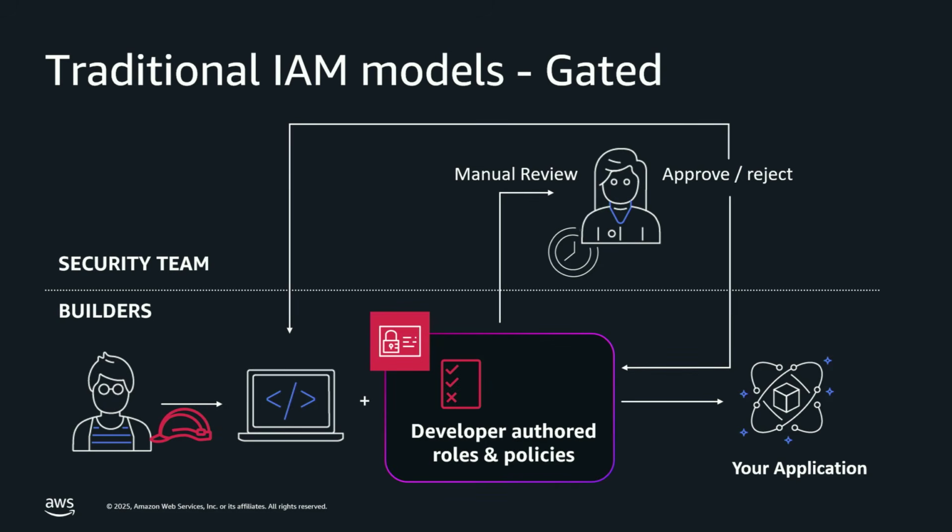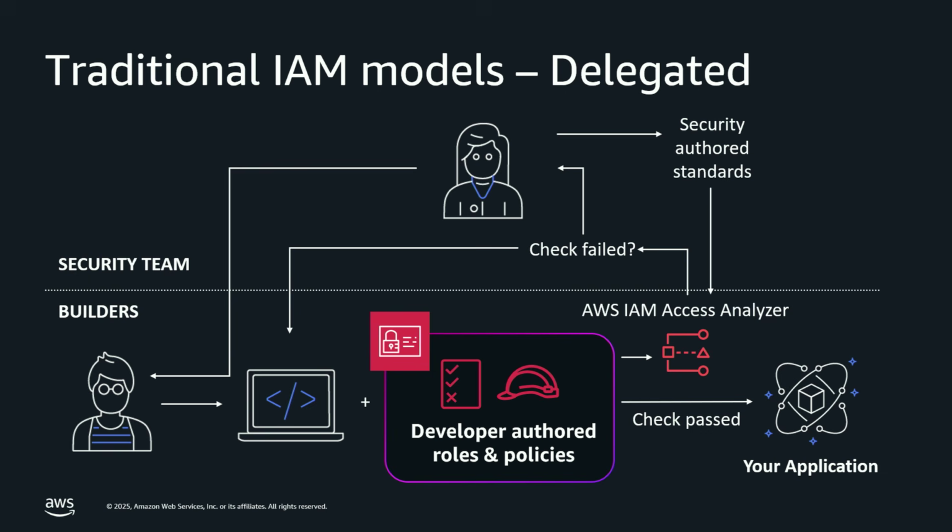And there can be tangos going on between the security teams and the builder teams as they negotiate: why are you doing this? Have you considered this? This is not best practice, backwards and forwards. If the policies, when analyzed by the security teams, have issues, the developers will get notified by the security engineers and there'll be rework that has to be done. So better, but not perfect.